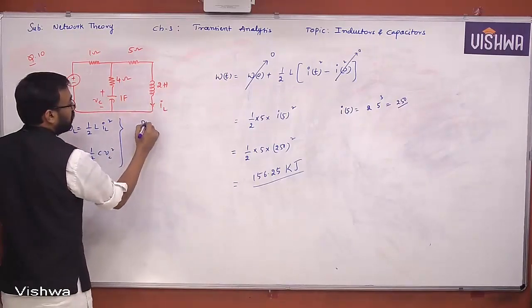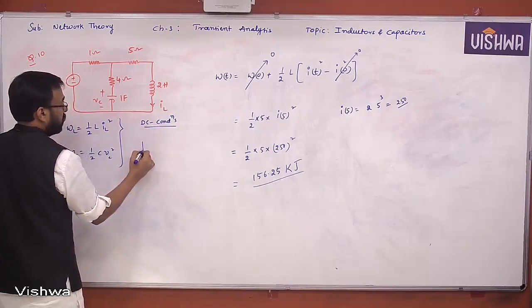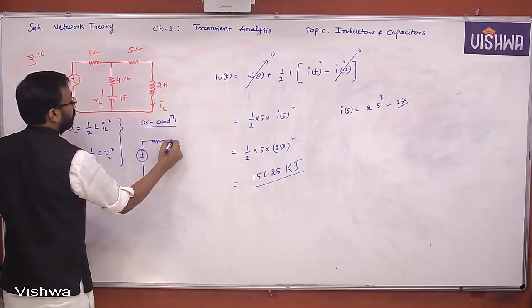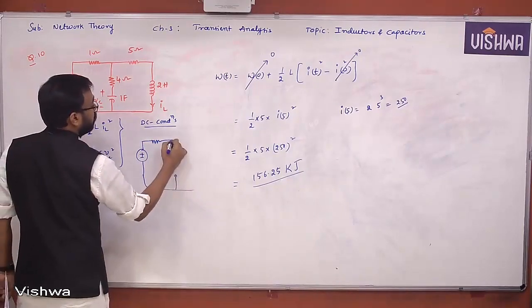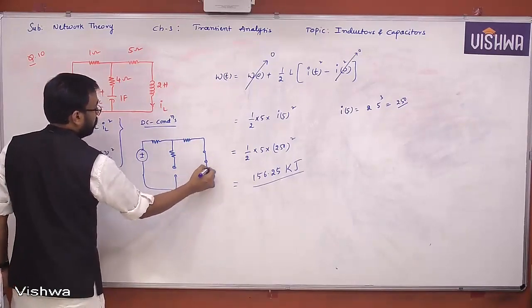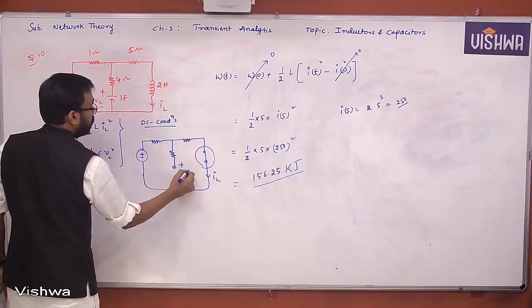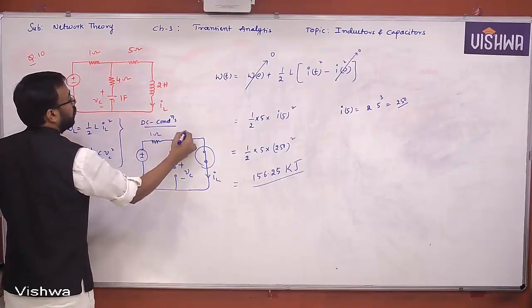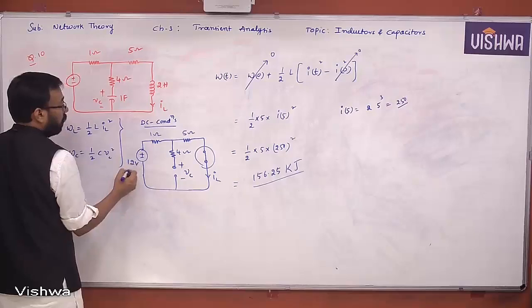So we have open, short, IL, plus minus VC. This is 1 ohm, 5 ohm, 4 ohm, 12 volts.